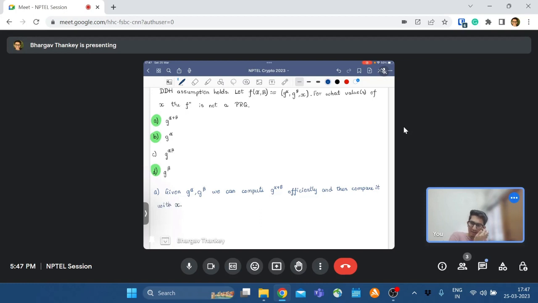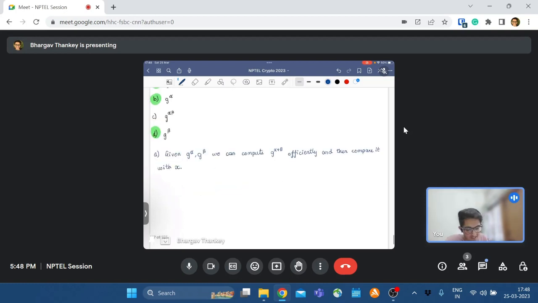I'm not doing the exact probability analysis, but if we are dealing with a pseudo-random string, then with probability 1, x would be g to the alpha plus beta. And if we are dealing with a random string, this won't happen with large probability, right? So we can distinguish between the two.